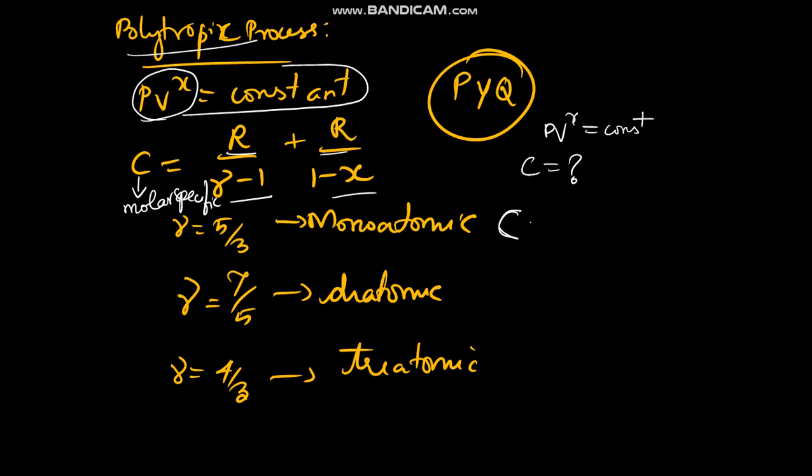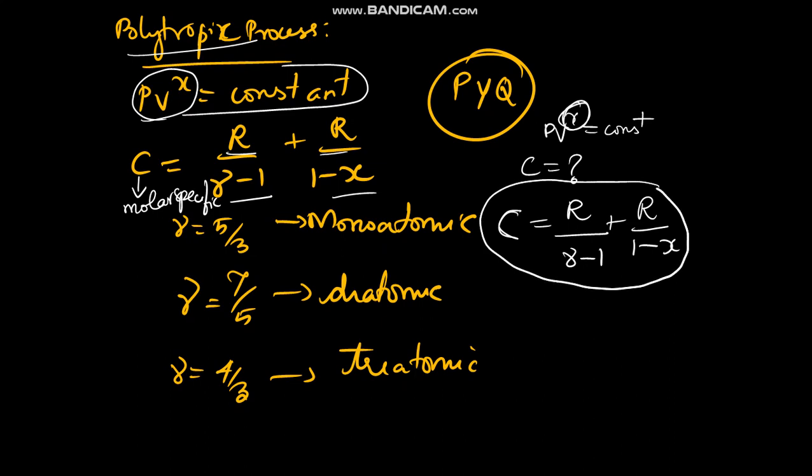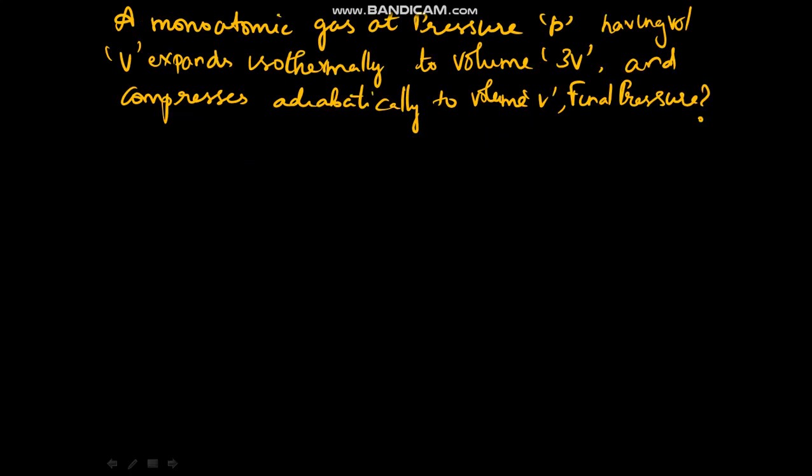Then that is given by R, the universal gas constant, divided by gamma minus 1, plus R divided by 1 minus X. This is the molar specific heat capacity. Okay, this gamma value we know already. So this value you want to substitute and find the molar specific heat capacity value.